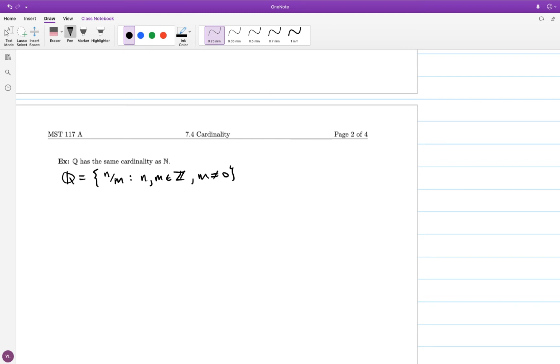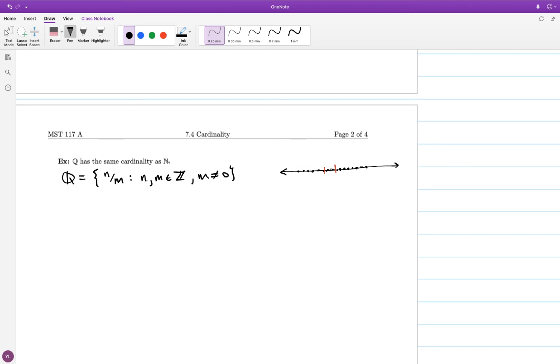And if you imagine the rational numbers written out on the real line, there just appear to be so many of these. Between any two numbers on the number line, there are rational numbers in between. In fact, there are infinitely many rational numbers in between. So there are just so many rational numbers.